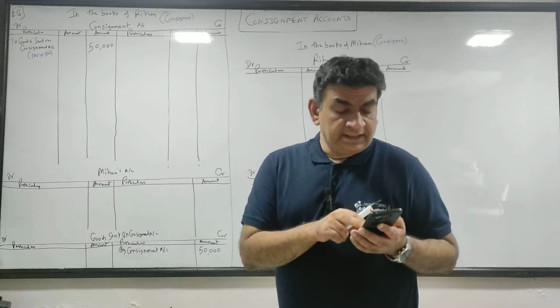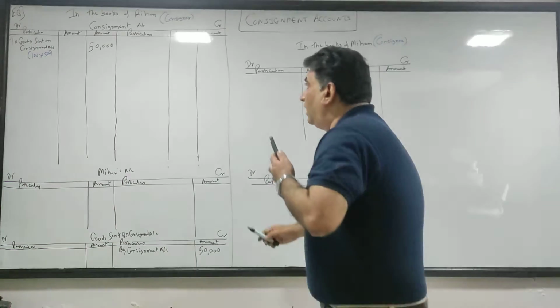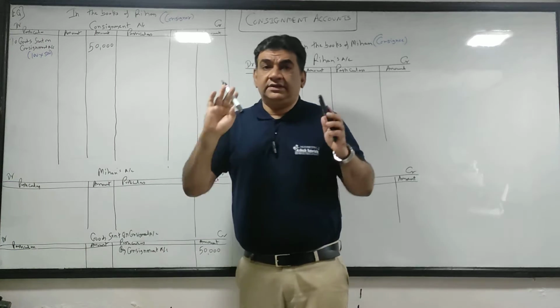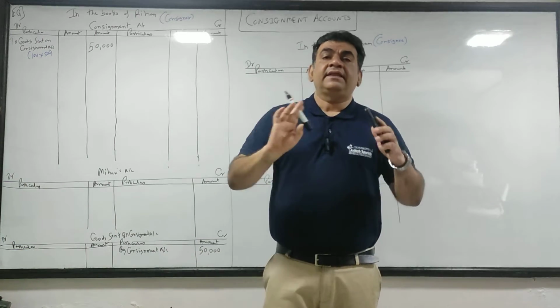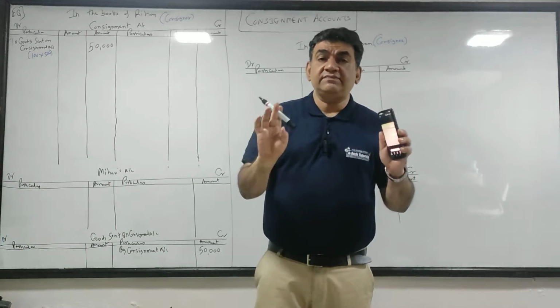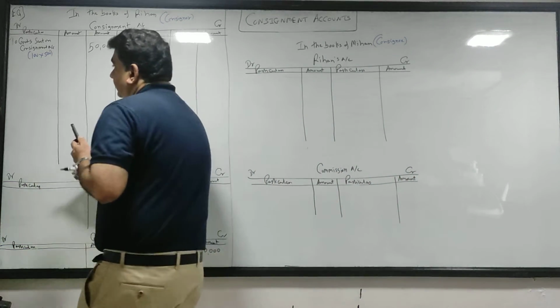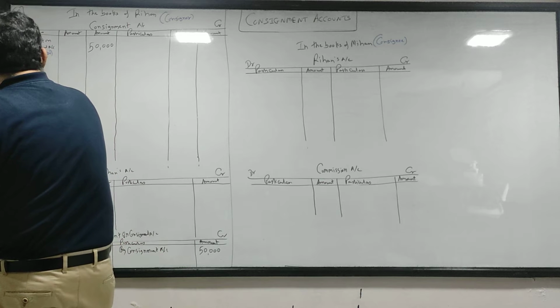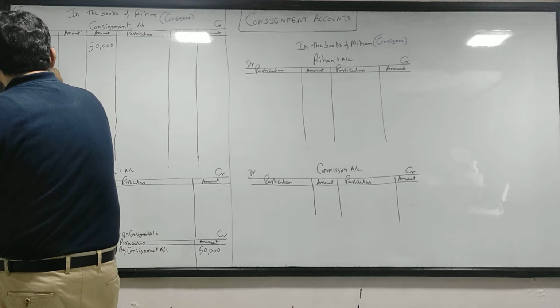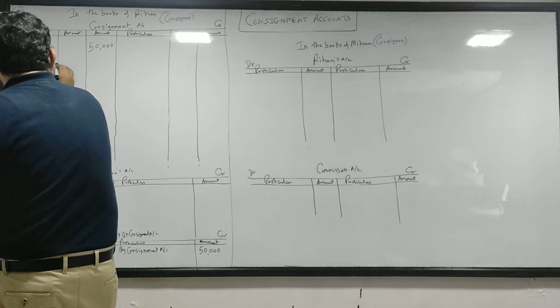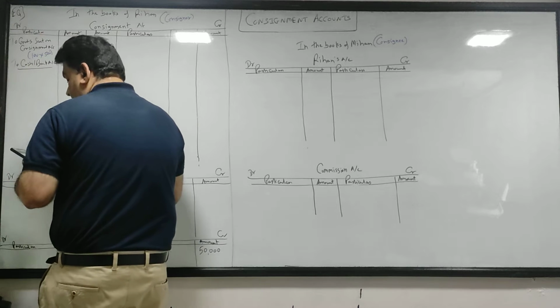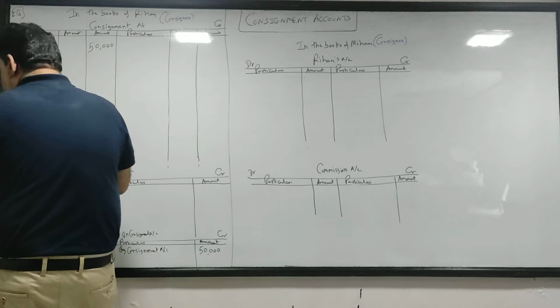Now see, Rihan has paid; these are Rihan's books, he has paid. The entire transaction is related to consignment, so you will debit consignment, and he has paid it, so you will write there: to cash bank account, and you will give the breakup.